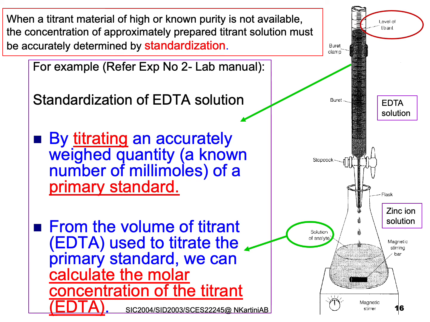From this volume of the titrant, you can calculate the concentration of the titrant after we know the primary standard concentration. In this case it is zinc.